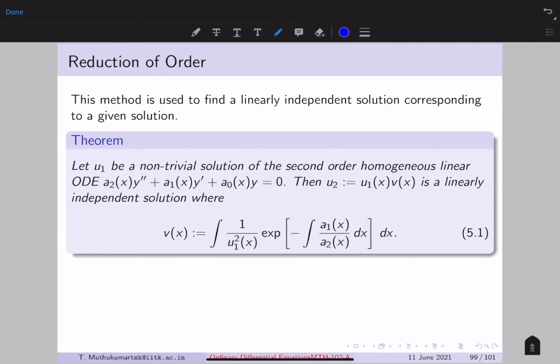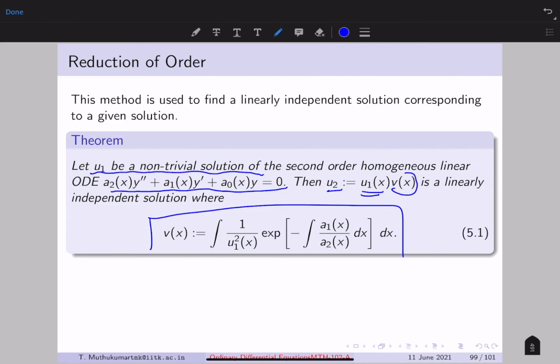So if U1 is a non-trivial solution of this ODE, then U2, which is just V multiplied to U1, where V is this, is a linearly independent solution. So it's linearly independent to U1.